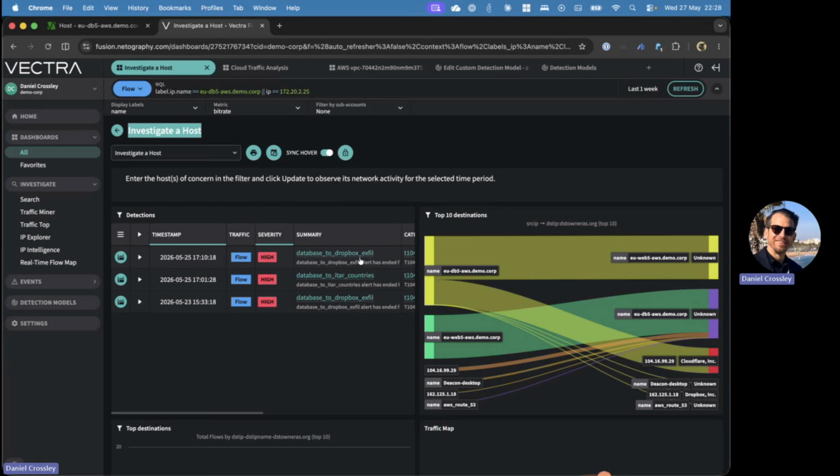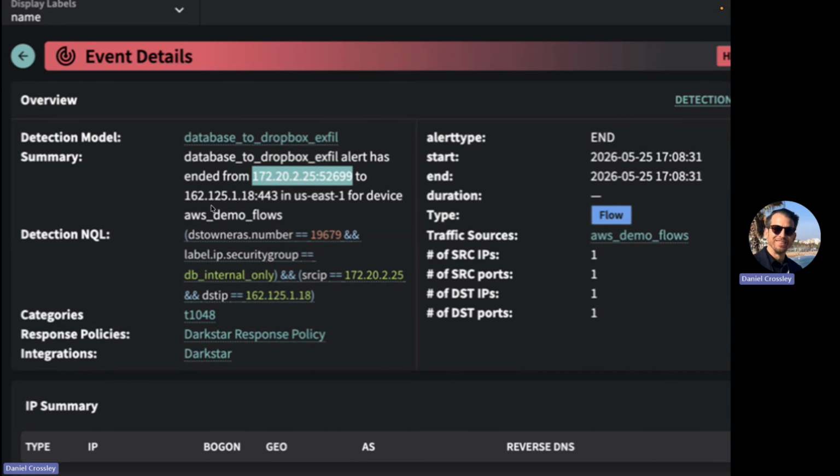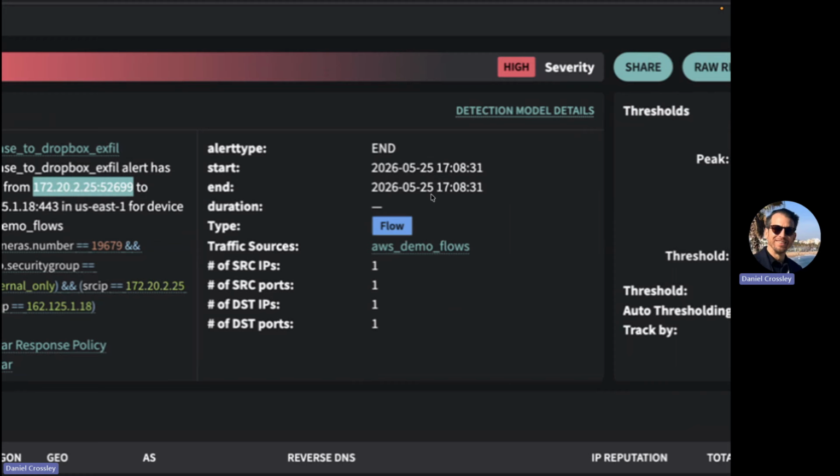However, in the context of the intrusion, knowing this is potentially part of a network to cloud pivot, this is very interesting to us, and we want to know exactly when and how it happened. If I go into the event details, I can see traffic from my EUDB5 host to an IP address known to be involved with Dropbox, and it happened at this time.